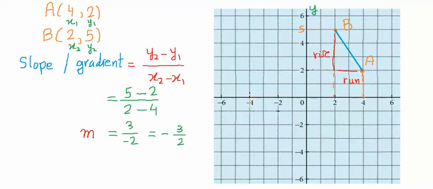Let's take another example. If we have a line like here, let's say this is a line which is PQ. So P has the coordinates.